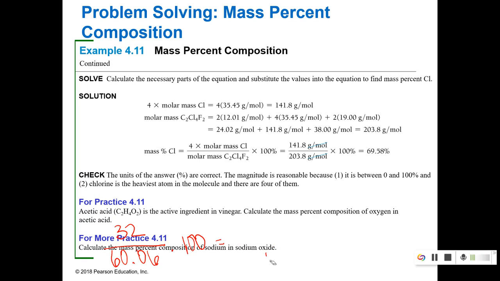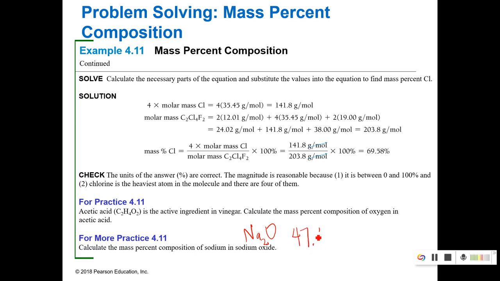Okay, one more. The amount of sodium in sodium oxide. So here's that situation where you've got to make sure you know how to write the formula. So sodium will be 23.99, but there's 2 of them.